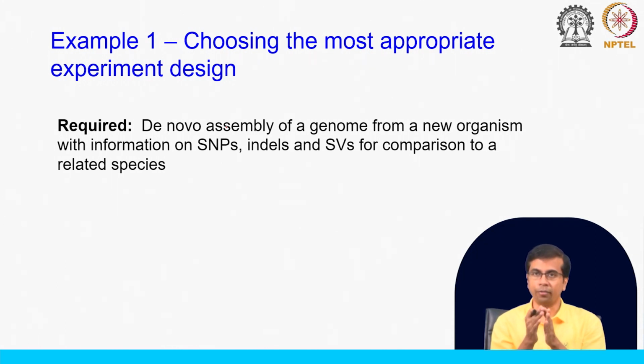So, we want to do the genome sequencing, and we also want to accurately determine these differences compared to a related species. So, here the assembly problem is there, but we also want to add this mutation detection problem. So, you need long read sequencing. So, what would be the solution here?